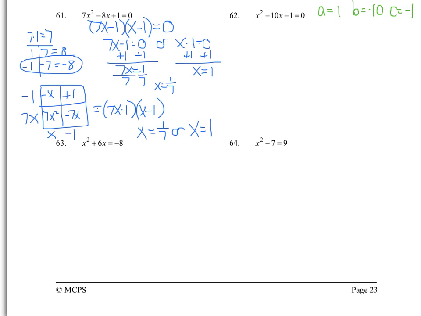My quadratic formula says x equals negative b plus or minus the square root of b squared minus 4ac, all over 2a.